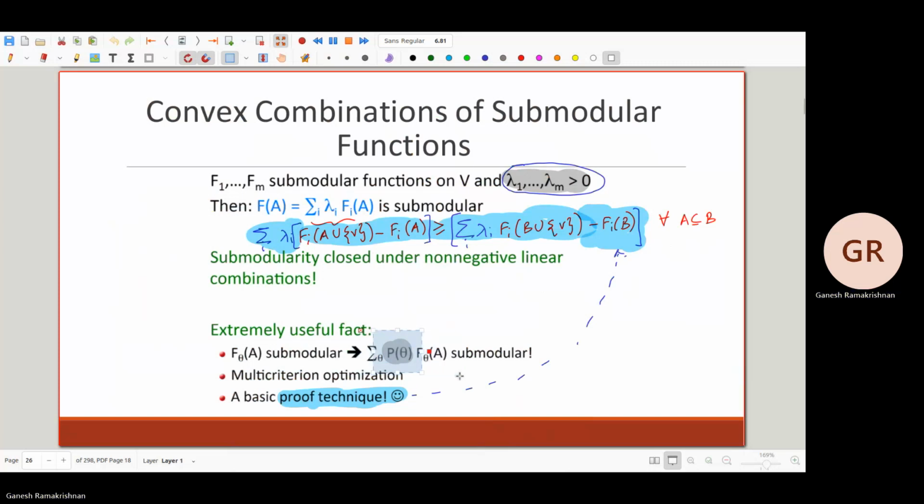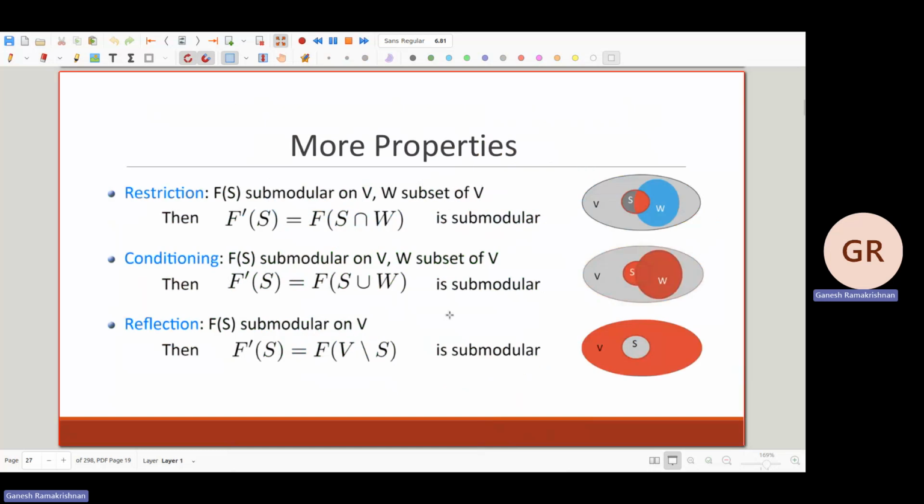So if you take an expectation of multiple submodular functions with respect to some distribution, then the expectation is also submodular. It's going to be useful for multi-criterion optimization.